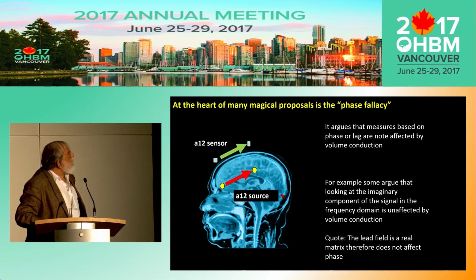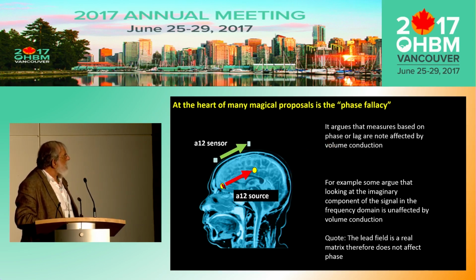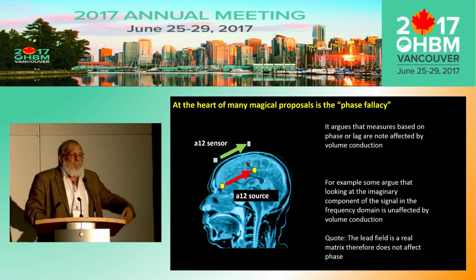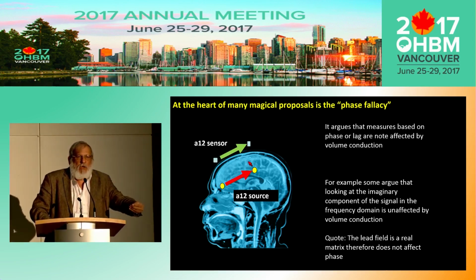Now, another idea, which is a total misconception, is the use of imaginary coherence. It is based on what I call the phase fallacy. The idea of the phase fallacy is that if you have a lagged direction of interaction between two neural sources, and you're then looking at sensor space, because there's a lag, the imaginary part of the Fourier transform will not be affected by volume conduction.